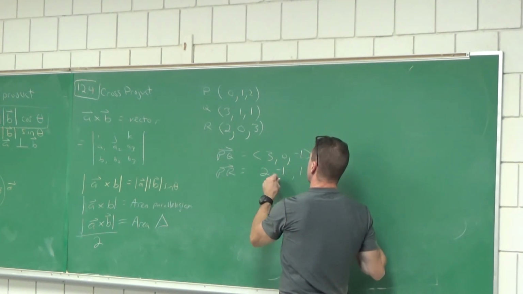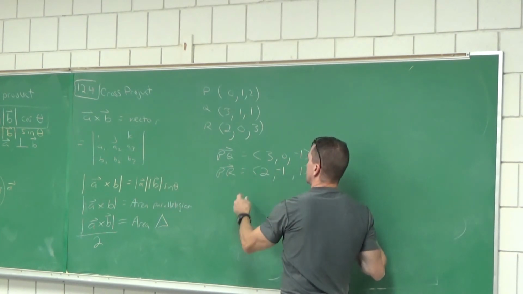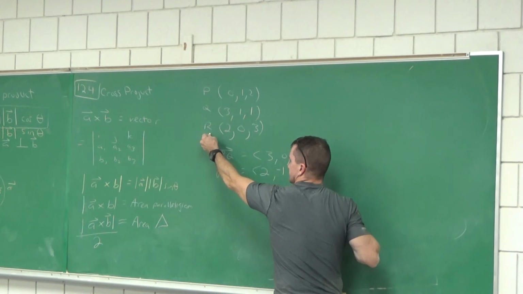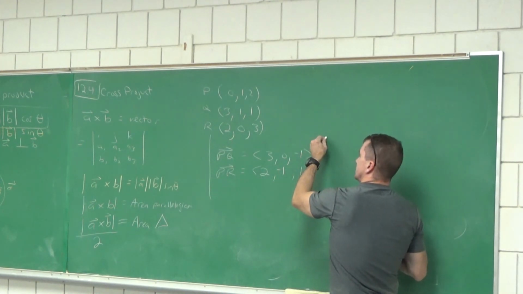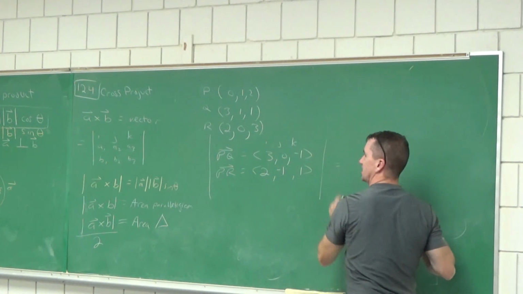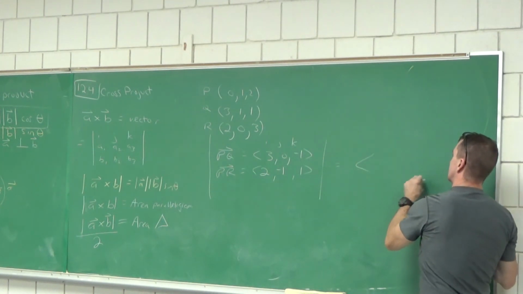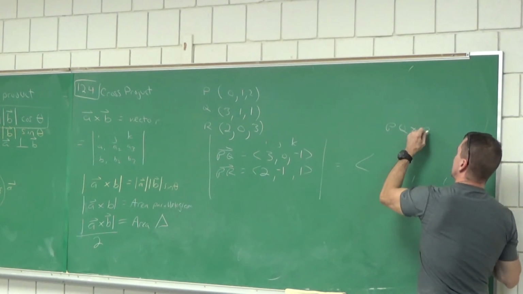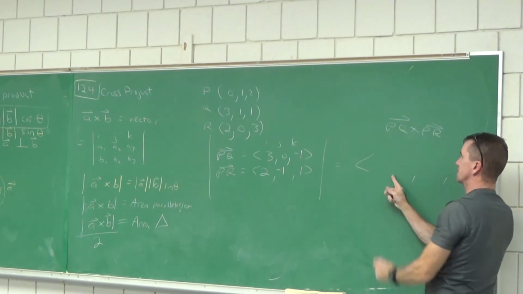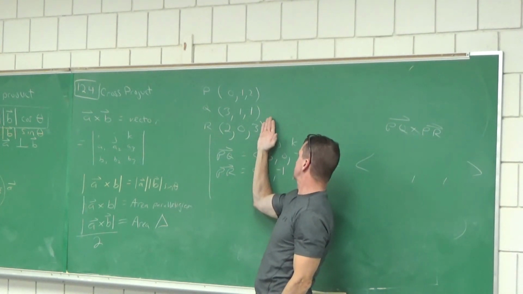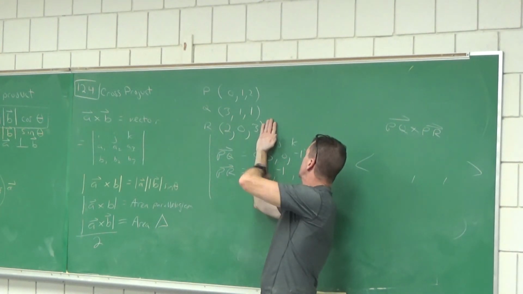Okay. And then you have to cross these, huh? Uh-huh. So I'll just go like this. I take your i, j, and k, and here we go. Let's cross them. Here comes PQ cross PR. Right here. Ready to do this? What's 0 minus 1?